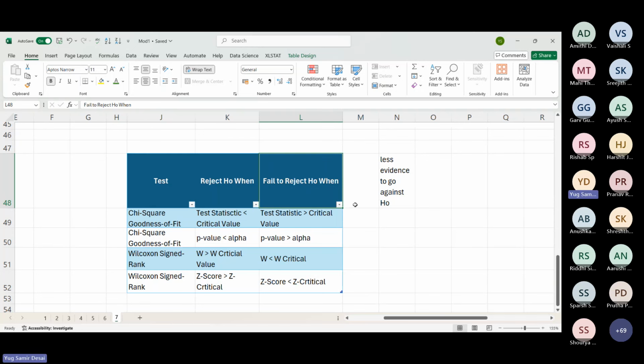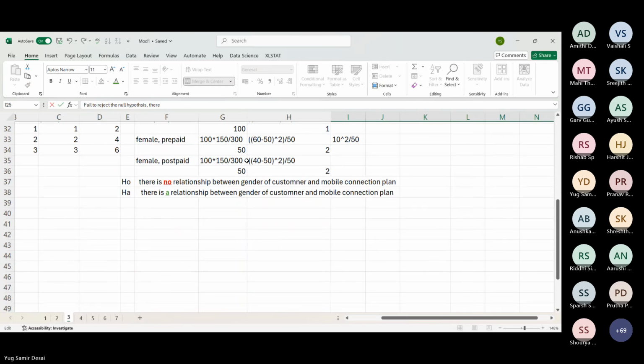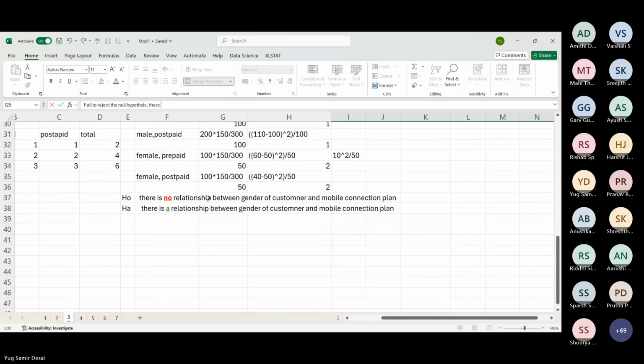Any of these terms could be used. Hence, here we fail to reject the null hypothesis, which is that there is no relationship between the gender of customer and mobile connection plan.